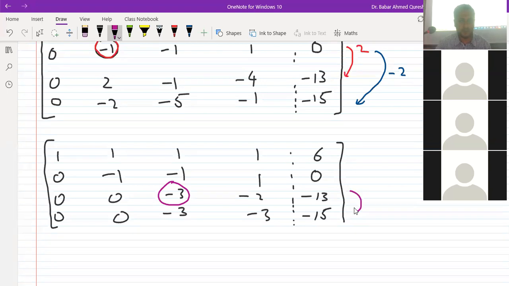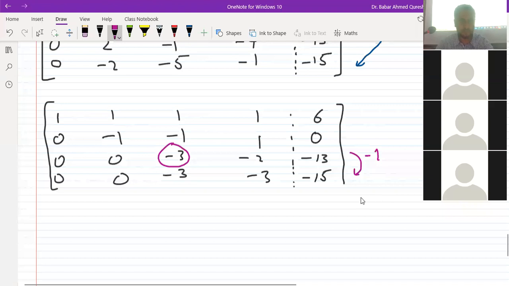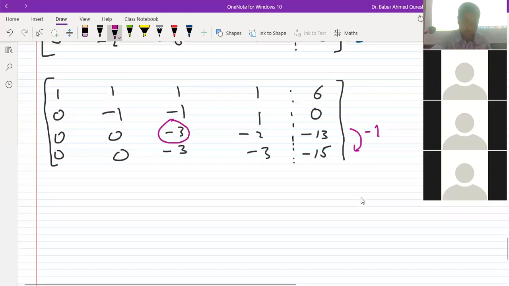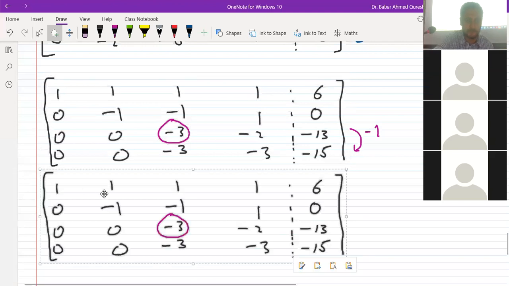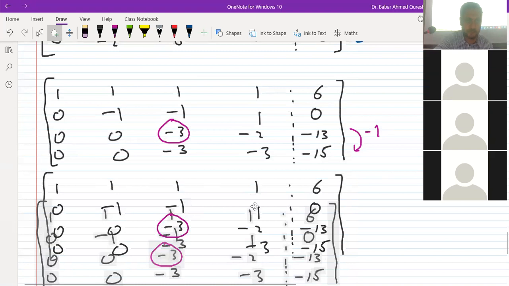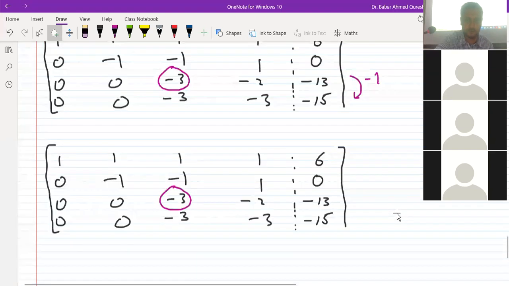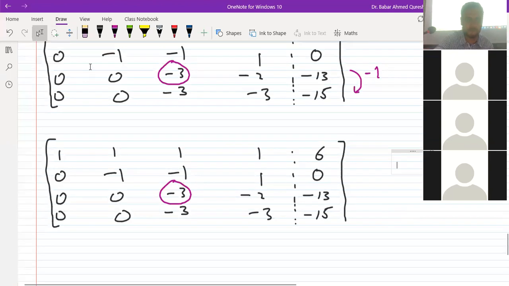So all you need to do is multiply this row by -1 and add, and you get this guy, only this row is going to change.